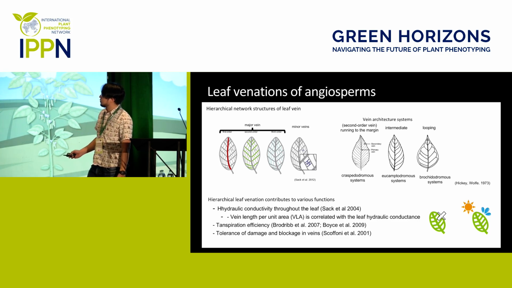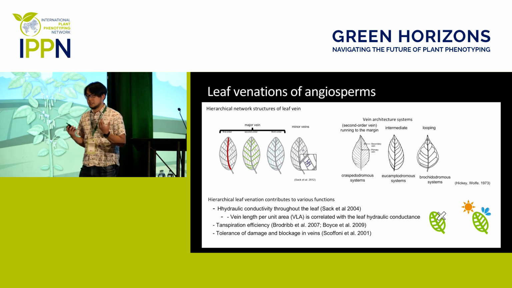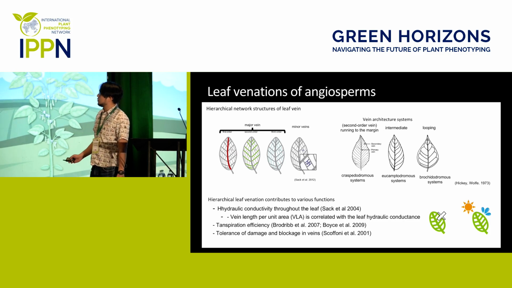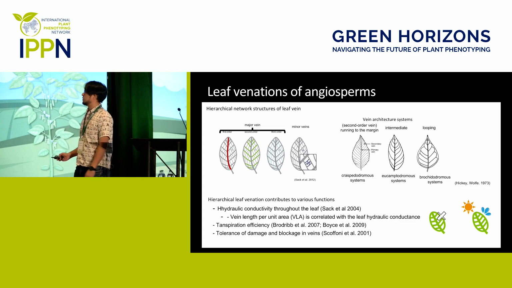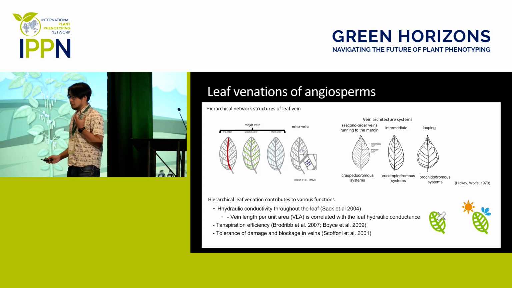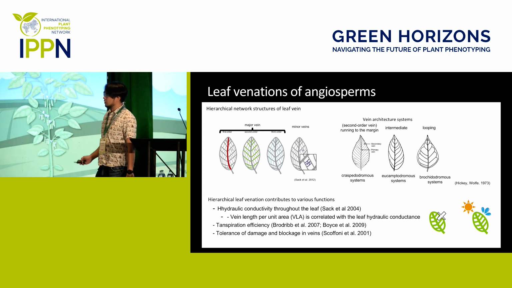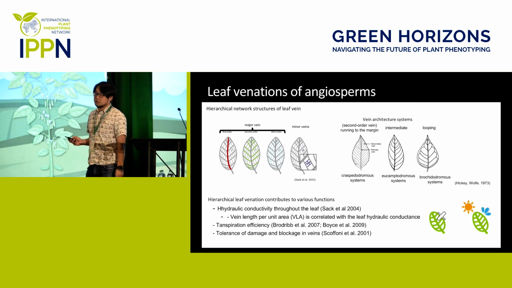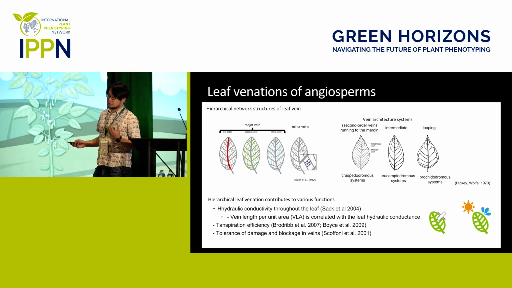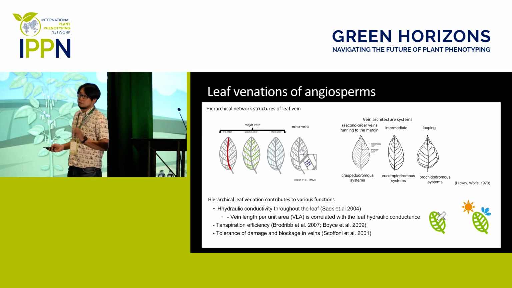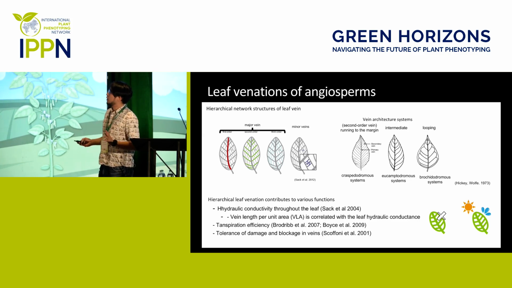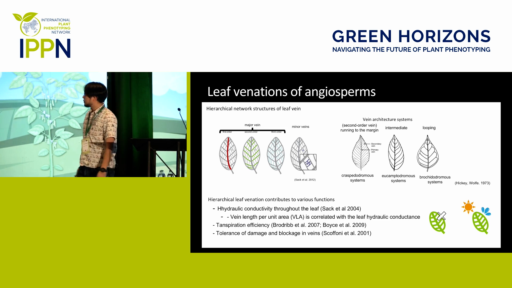First to third relatively thick veins are called the major veins, and the fourth and higher order relatively thin veins are called the minor veins. These leaf venations are also considered very important characteristics for taxonomic classification, and some clades show specific venation architecture.